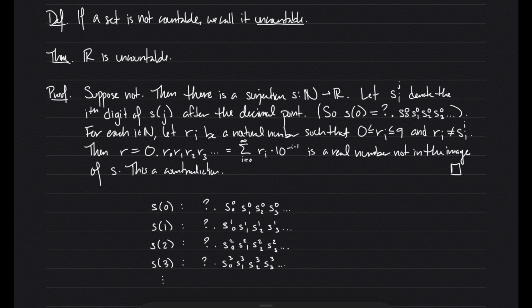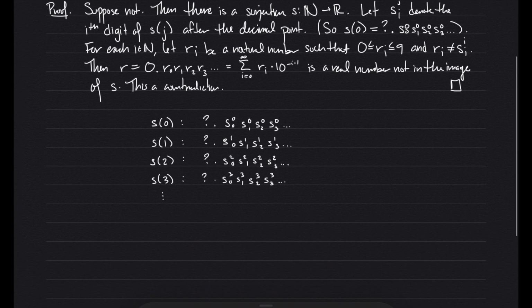Okay, so we have kind of a grid of all of these. Going down, we have all the real numbers, and going across, we have all the digits of the real numbers. And what we've done is we've come up with a new real number that we want to not be in this infinitely long list of real numbers.